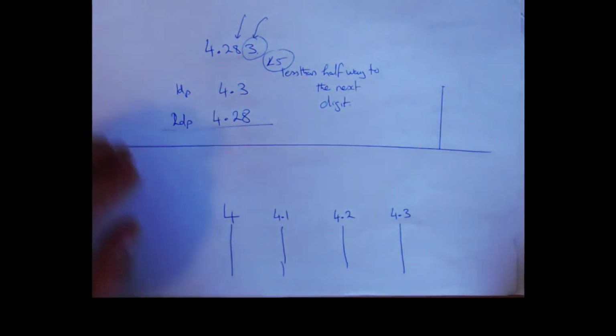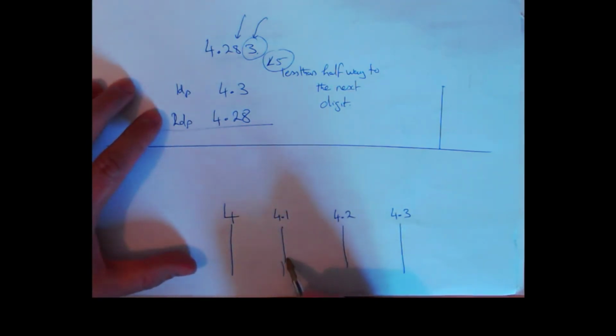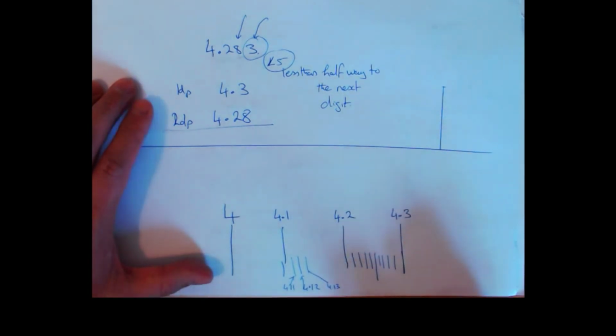So I should note I made a mistake there during the video. I said 4.2, I was counting 4.21, 4.22, 4.23. This of course is 4.11, this is 4.12, 4.13. So 4.21 should be here, 4.22, 4.23, 4.24, 4.25, 4.26, 4.27, 4.28, 4.29 and 4.3.